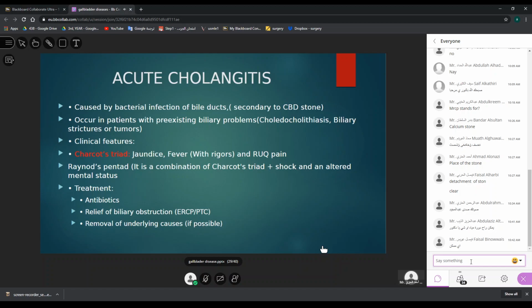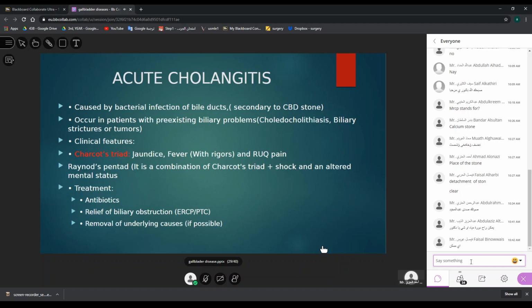What is the ileum? The small bowel? Jejunum?